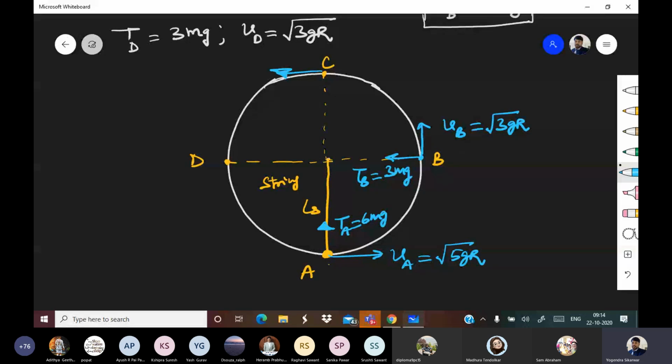Now if we move to D, VD is equal to root of 3 GR and TD is 3 mg. Okay. Please draw this diagram and remember this.